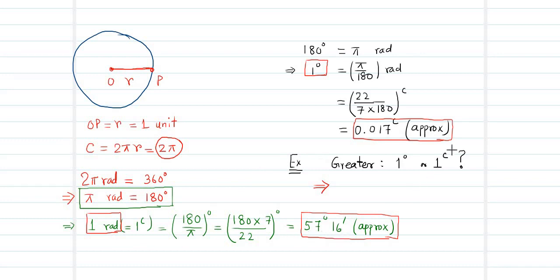So it's better to consider that 1 radian is approximately 57 degree 16 minutes. So obviously which one is bigger? 1 radian is bigger than 1 degree.